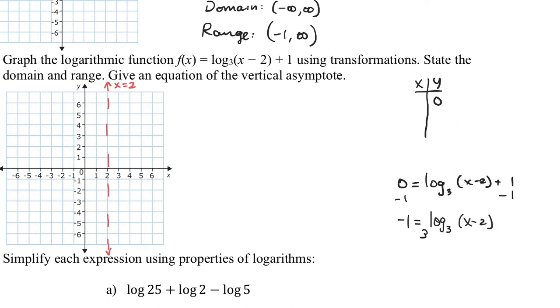Now we can use a base of 3 to cancel the logarithmic function. So now we have 3 to the -1, which is 1/3, equals x minus 2. If you add 2 to both sides, x equals 2 plus 1/3.